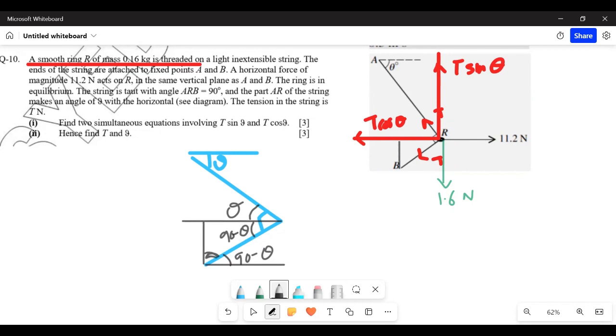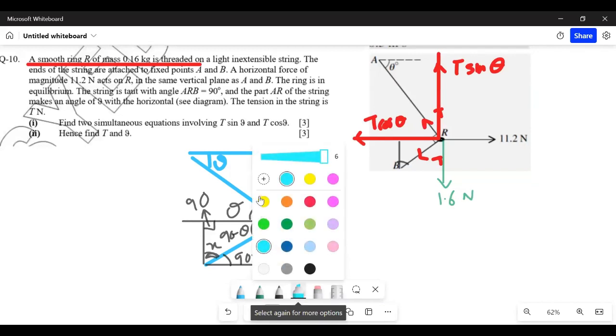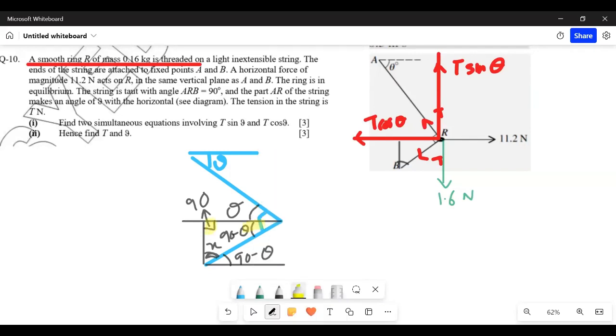I'm going to find this angle. So that's 90 as well. So the sum of these three should be equal to 180. So if we do that, x plus 90 plus 90 minus theta equals 180.